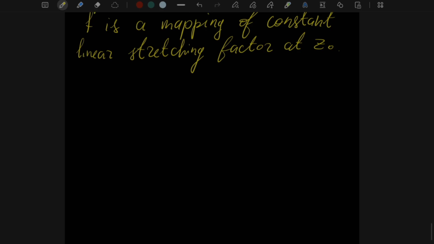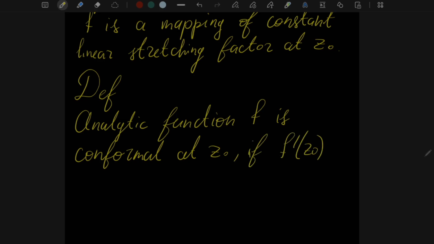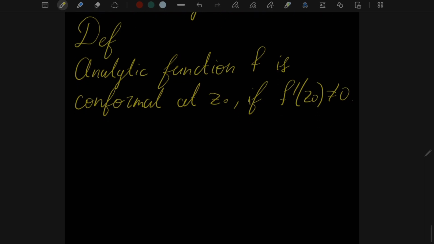And now we can define the conformal mapping. So it is conformal at a point if its derivative at that point is non-zero.